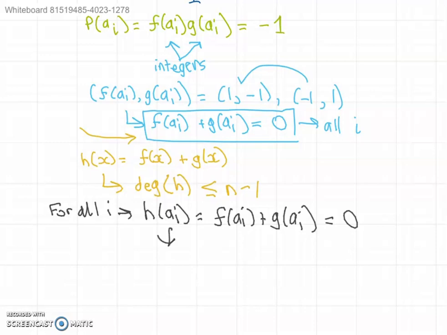since the numbers a1, a2, up to an are all distinct integers, we have at least n distinct roots of h. However, the degree of h is at most n minus 1.